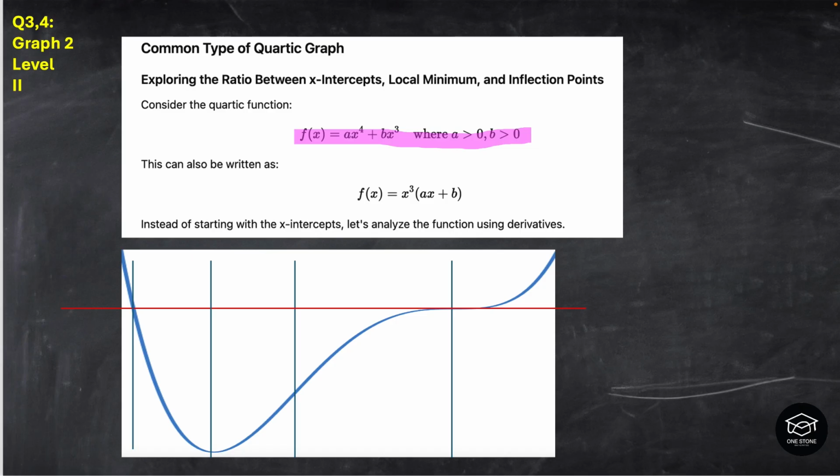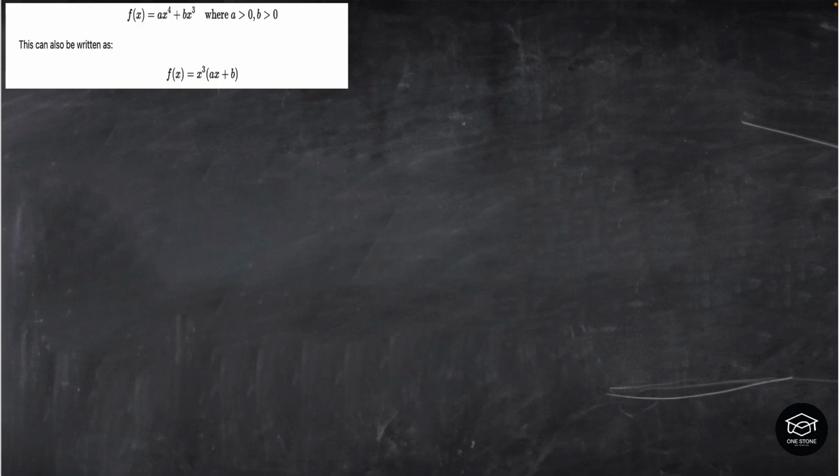Although you could sketch this graph directly by using its x-intercepts, let's instead start by analyzing its derivative. First, we take the derivative of f. The first derivative is f prime of x equals 4ax cubed plus 3bx squared.